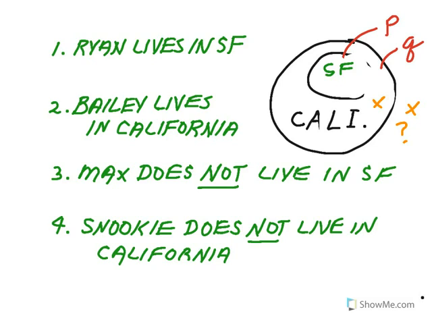So with that statement, we cannot draw a conclusion. For the last example, Snooky does not live in California. Can I draw a conclusion about her residence in San Francisco? Yes, I can. If Snooky does not live in California, she's outside the circles, and she definitely does not live in San Francisco.